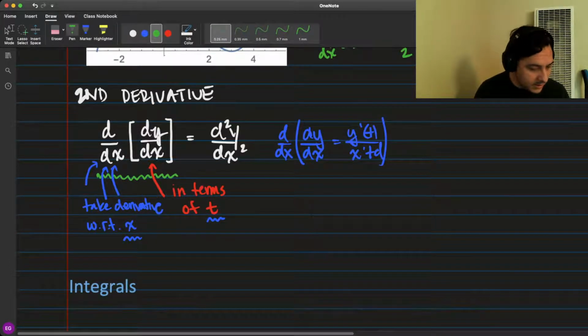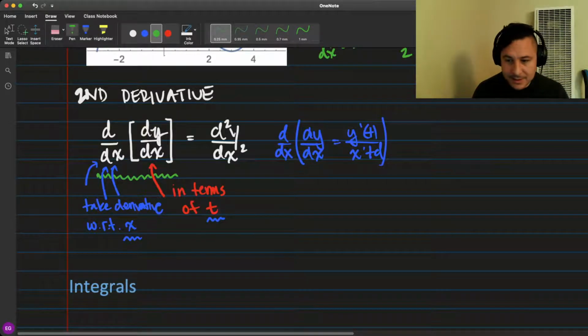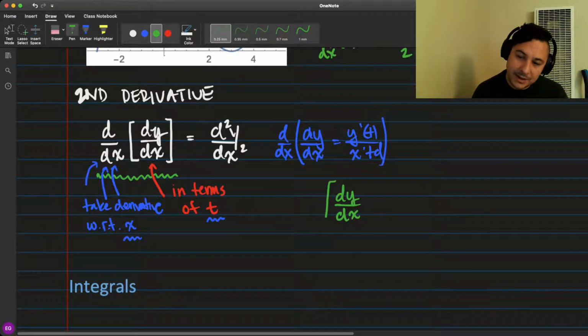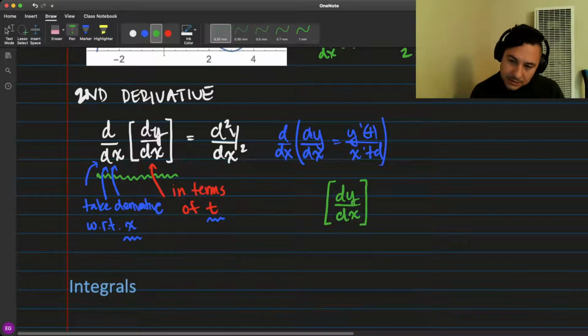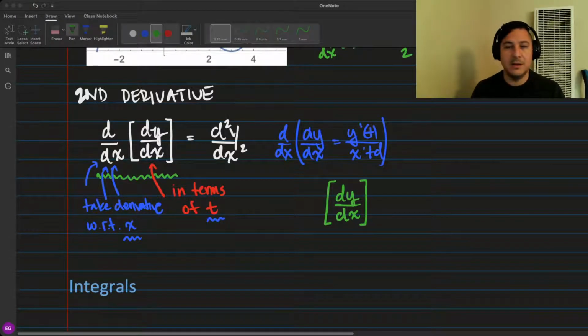What you're going to need to do is take your dy dx and take the derivative of that. And what's the only thing that you can take the derivative of it with respect to? What should I take it with respect to?